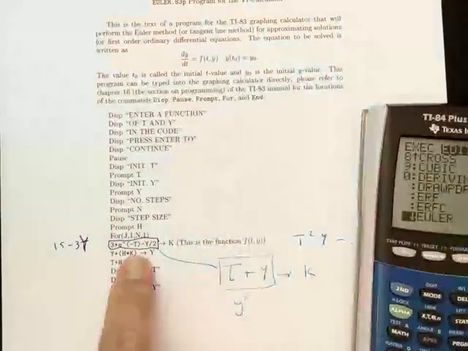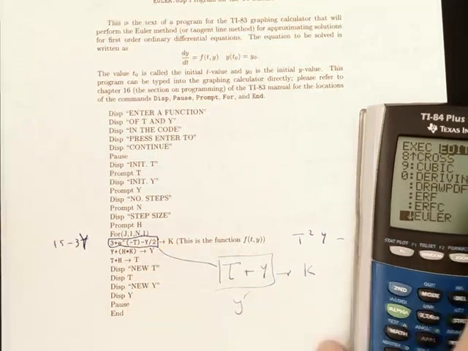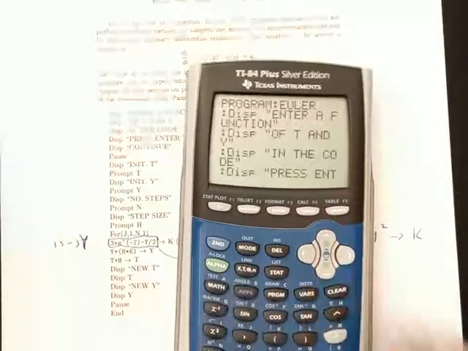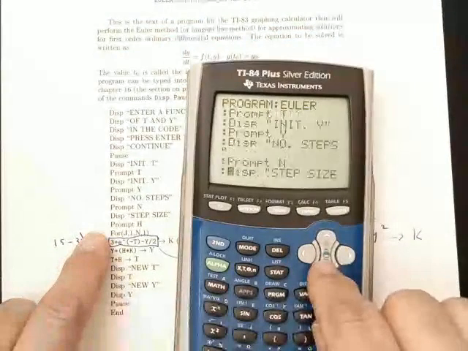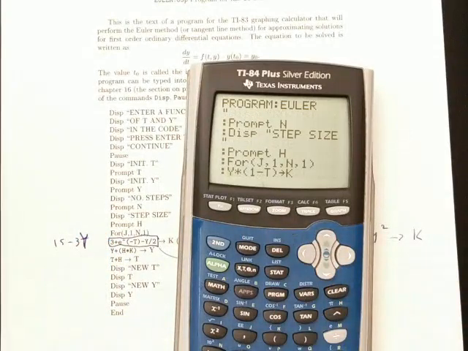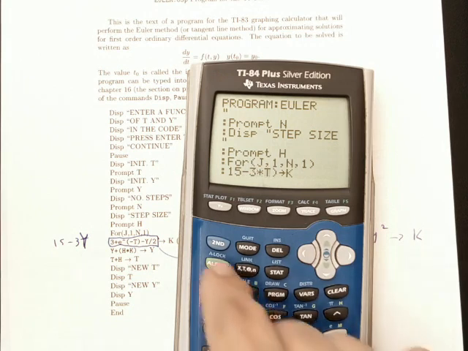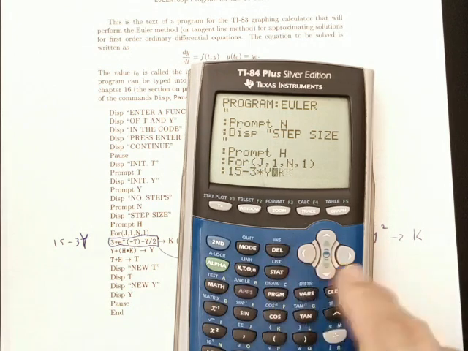I'm going to edit this line, the line that has the K in it. So when I edit this line, I go down and down and down until I get to that thing that says 4. There's the line I want. I'm going to change that to look like our function: 15 minus 3 times y.